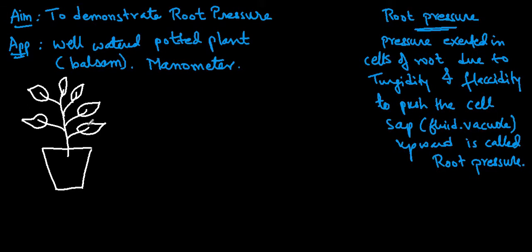What we are going to do, we are going to cut the end of the stem just from here. So we are going to get this part. This is the zoomed one. This is the cut stem of the balsam plant which was well watered, and that is then connected to the manometer.